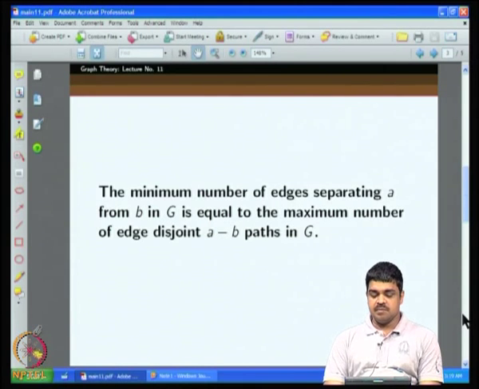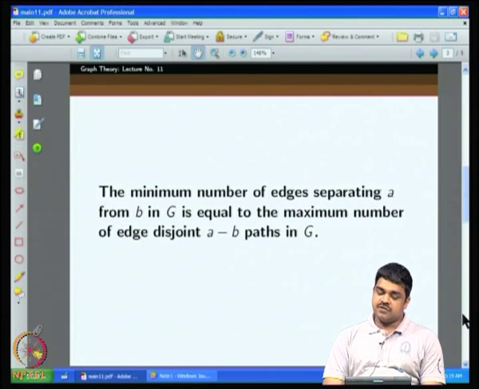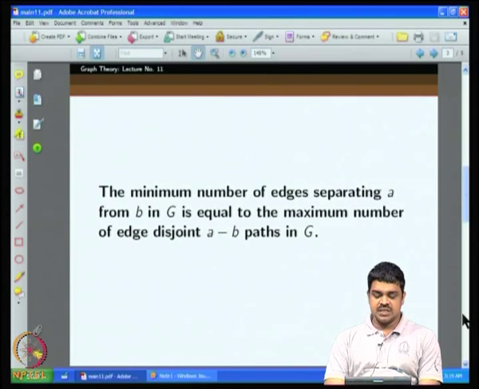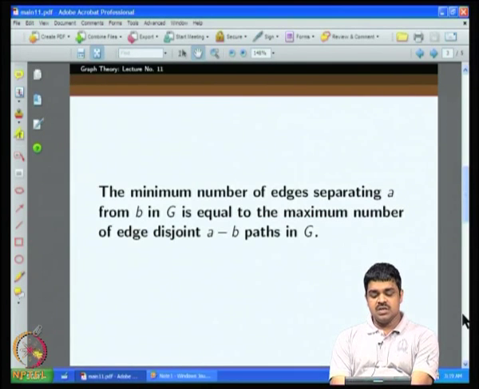Consider the minimum number of edges that are to be removed from the graph, so that A and B are in two different components that result from this removal of edges. Now, you also ask how many maximum edge disjoint paths between A and B can be found in G. Both these numbers are the same.